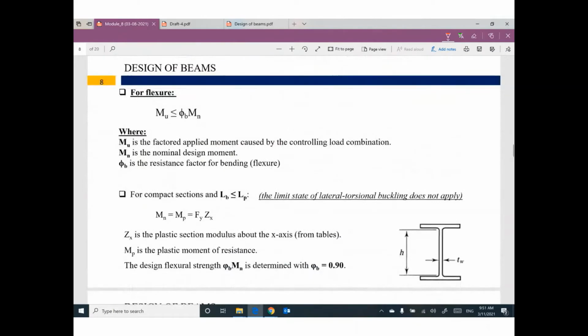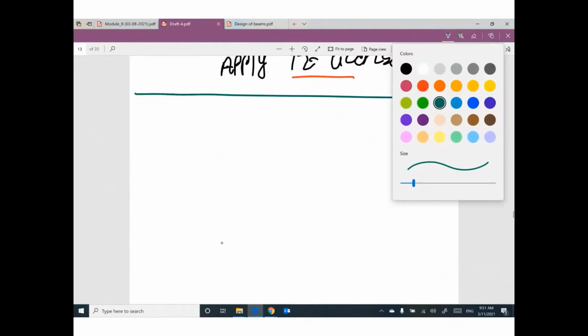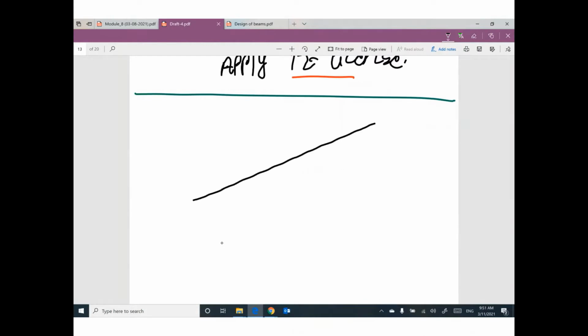Let's start our design for beams. Just to explain something for you. So if you have a beam, looks like this.